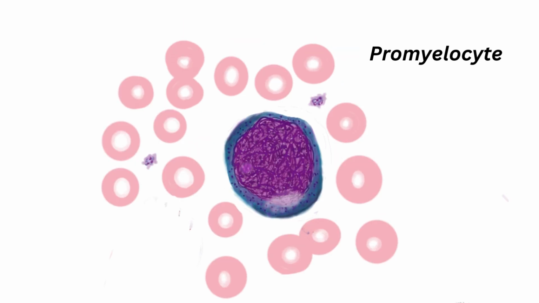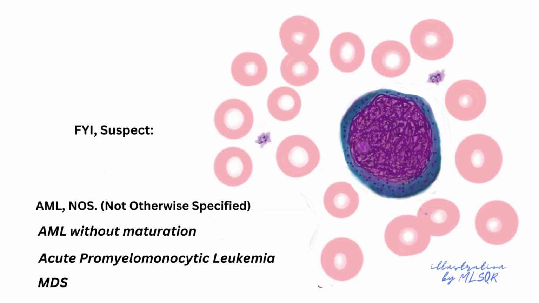You might see a cytoplasmic paranuclear halo. For your information only, high promyelocyte percent in our manual diff may be suspicious for AML not otherwise specified, AML without maturation, acute promyelomonocytic leukemia, and myelodysplastic syndrome.